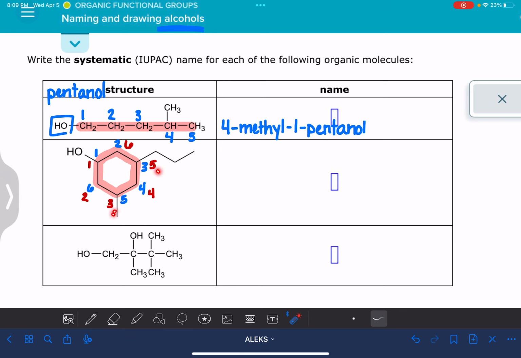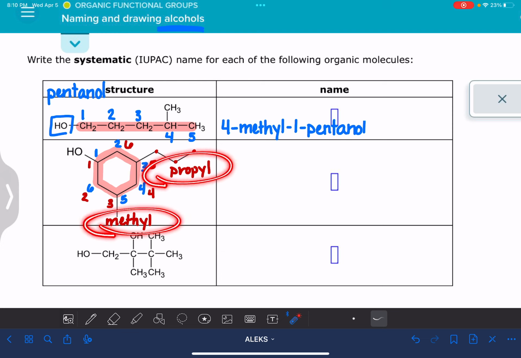When we have a tie, we're going to break that tie using the alphabetical order of the substituents. So we need to think about our substituents' names. This one down here is methyl, a 1 carbon substituent. And then this one up here, a 3 carbon substituent, is propyl. Alphabetically, methyl comes first before propyl.